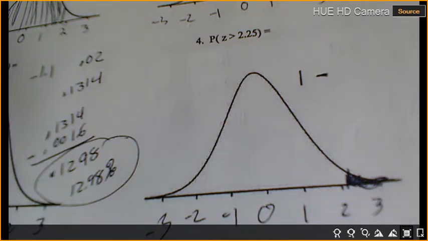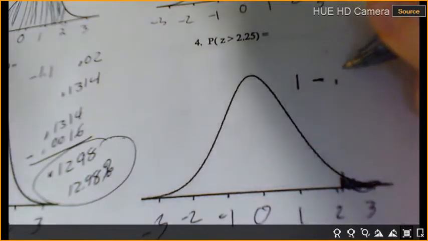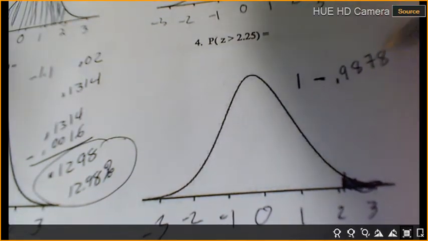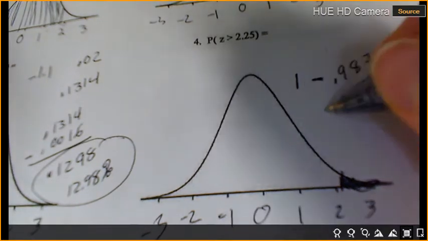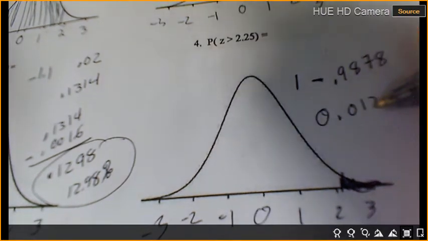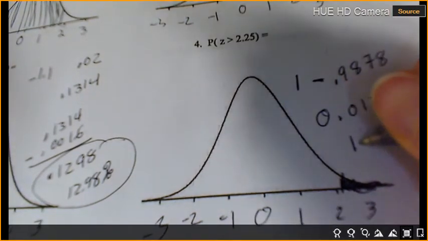One minus that number. Did you get 0.9878? So 1 minus that gives us 0.0122, which is 1.22%.